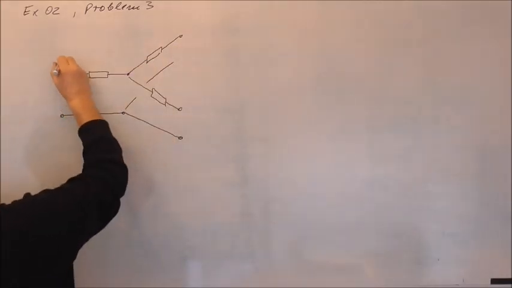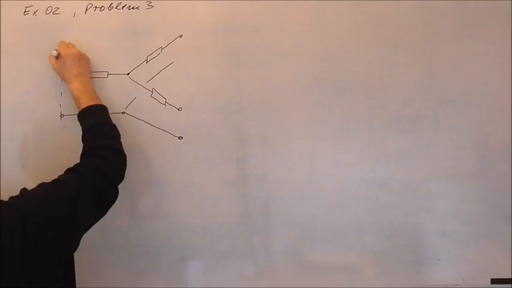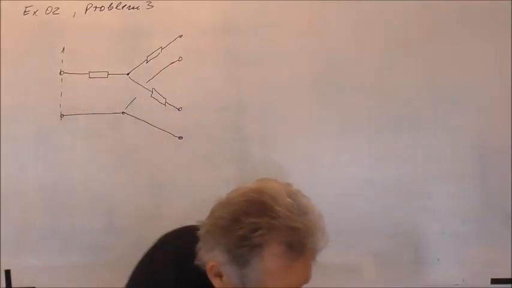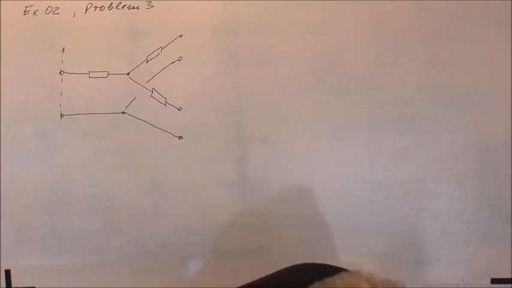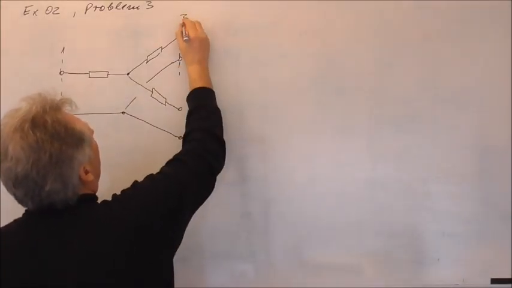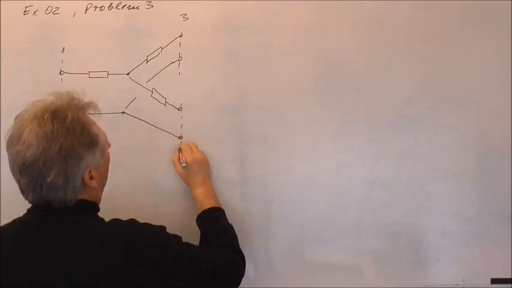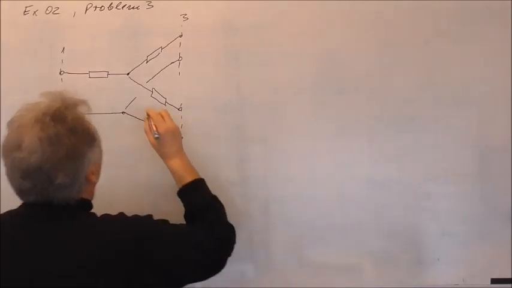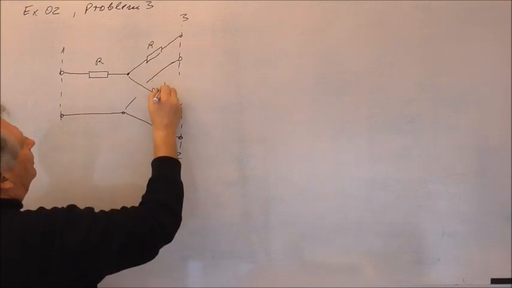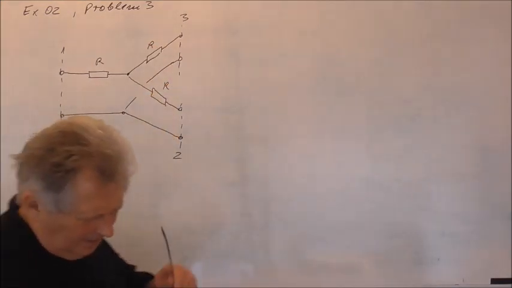So here are the ports. Port 1. This I call port 3 here. This is port 3 and this is port 2. And I assume all over here to have the same resistor.